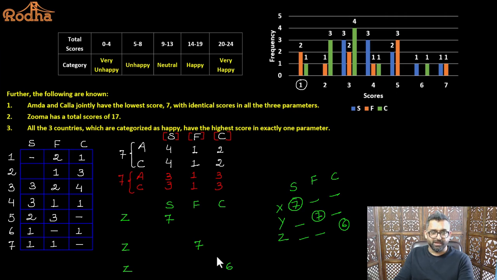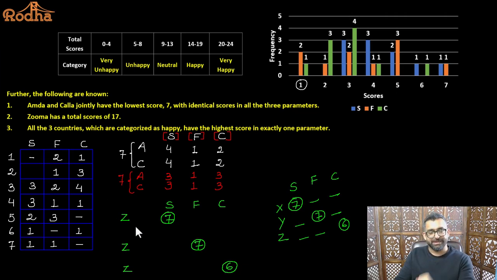Either Z is the country getting the highest score of S, or the highest score of F, or the highest score of C. If the highest score here is obtained, Z will not get the highest score anywhere else. If Z is getting the highest score in F, Z will not get the highest score of any other category. If Z is getting the highest score of C, Z will not get the highest score of any other parameter. I hope you get the point. This is what the third point means.